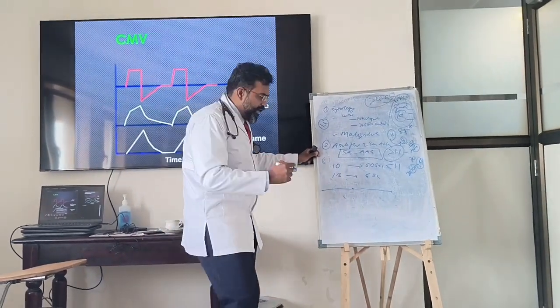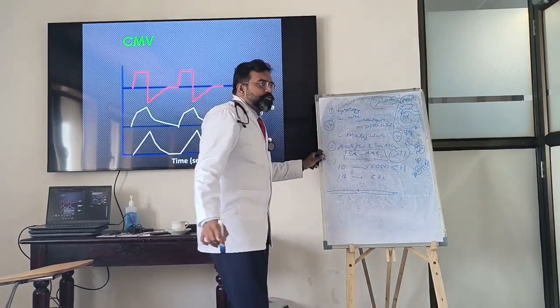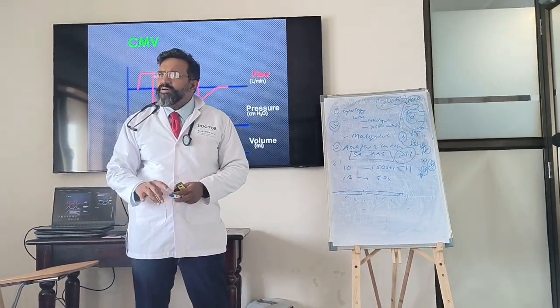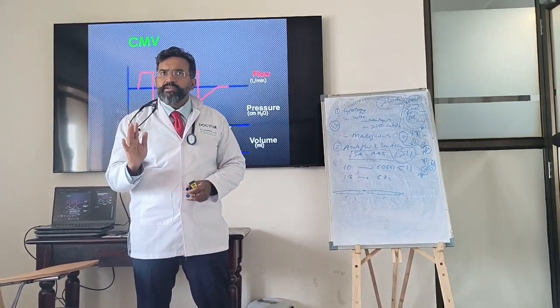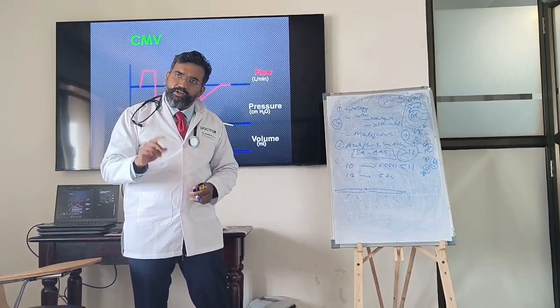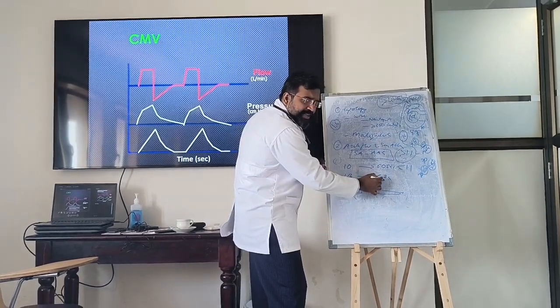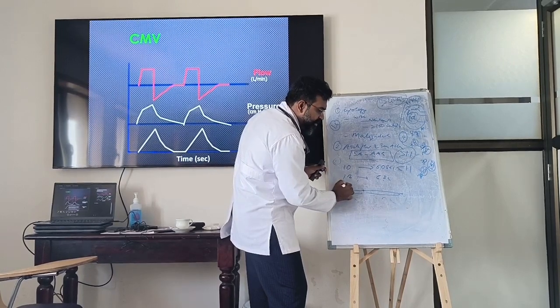Clear? So I have 6 seconds here, and 6 seconds here. Since the trigger is time, that means after a certain time, the ventilator gives a breath. I have set a cycle of 6 seconds, so the ventilator gives a breath at 6 seconds, and when 6 seconds gets over, it gives another breath.